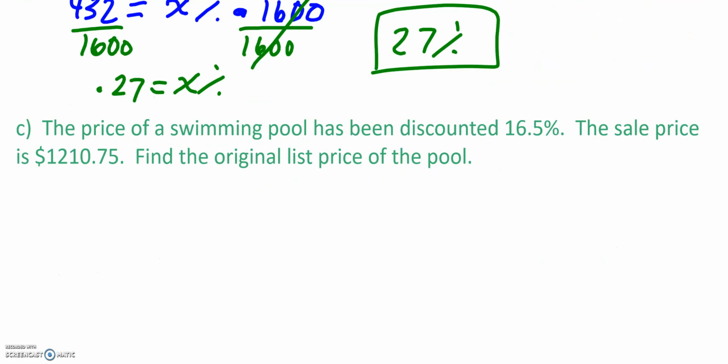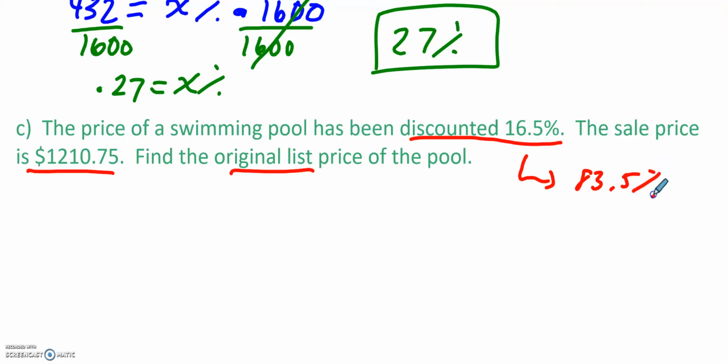So this last problem, you're talking about a swimming pool, and it has been discounted 16.5%. They didn't give you the original price, but they give you the sale price, and we're trying to find the original. So to me, if my discount is 16.5%, that means I'm actually paying 83.5%, which would be 0.835 as a decimal.